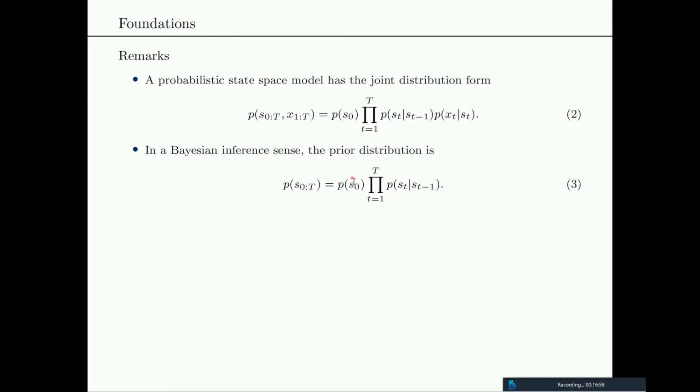So in a sense, we can interpret the state vector as the thing we want to estimate. To give a concrete example, take target tracking.